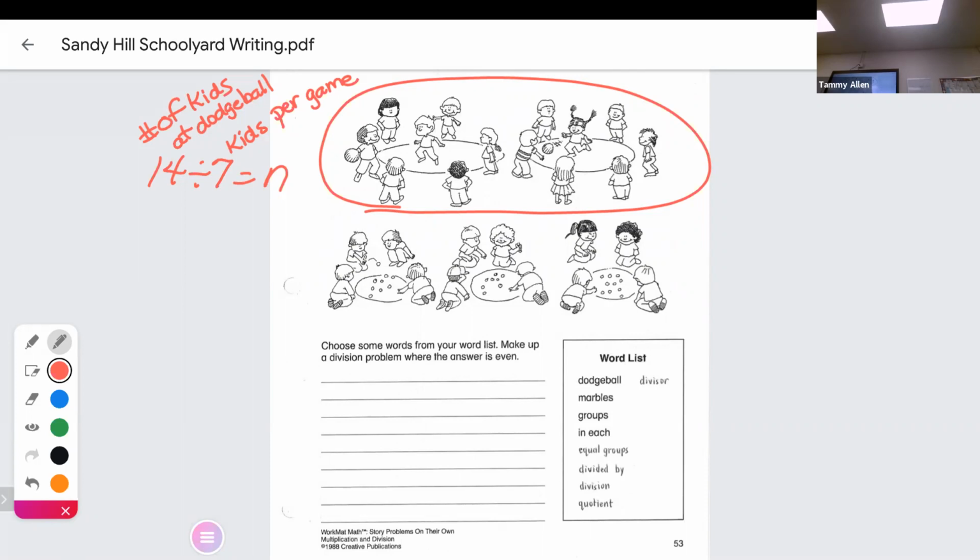Number of groups. Sort of. But are these groups? These are what? Dodgeball games. Number of games, yeah. 2 games? Aren't these games? Okay.